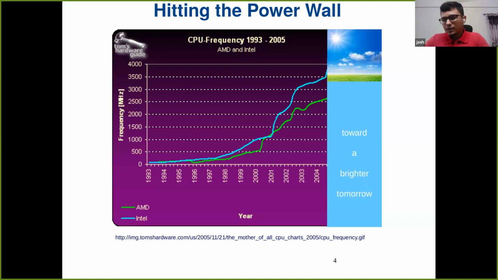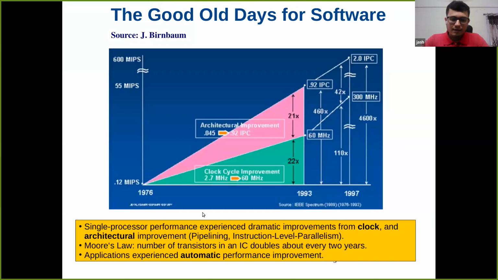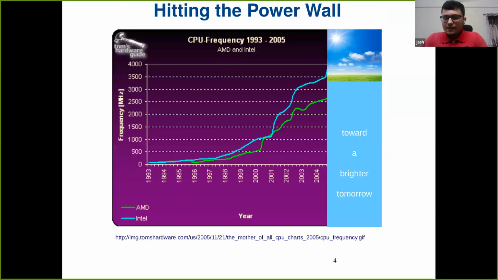We are not able to double the number of transistors like it was in this era. It's not doubling every year now, but we are still able to place more and more transistors. You can see that 3 nanometer technology is coming, 5 nanometer technology is already there. So in that sense, we are still in progress.